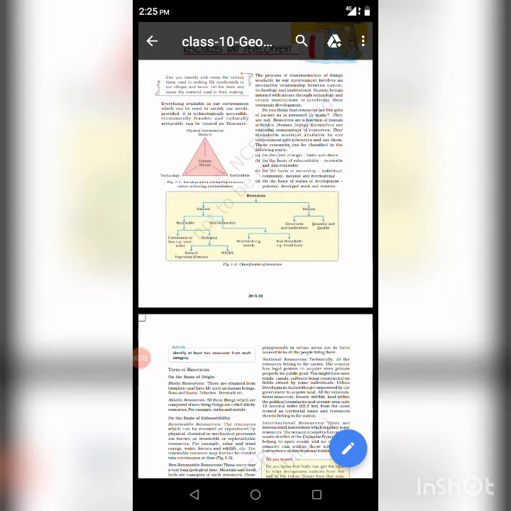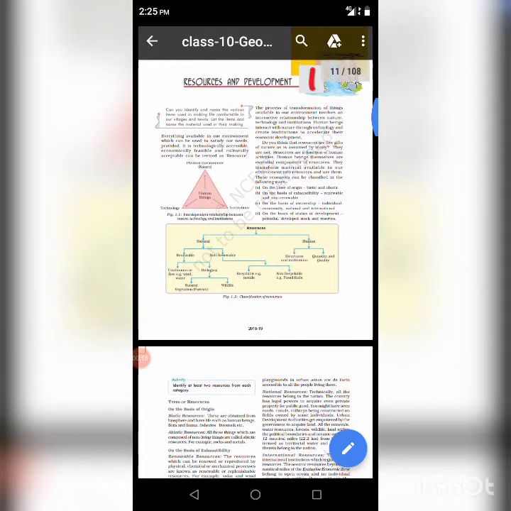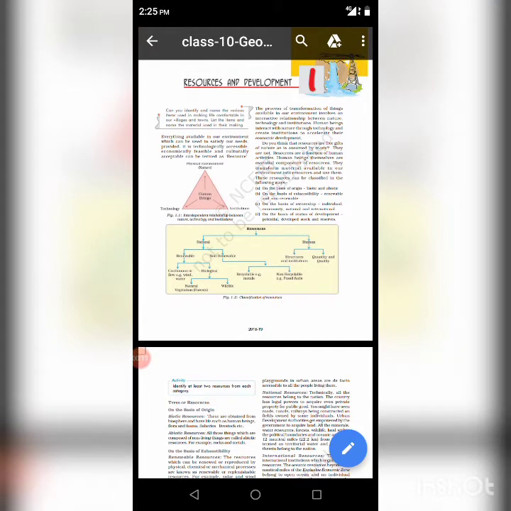Today we will discuss class 10th Geography's first chapter, Resource and Development. Now first, what did you understand by resources? What are resources?